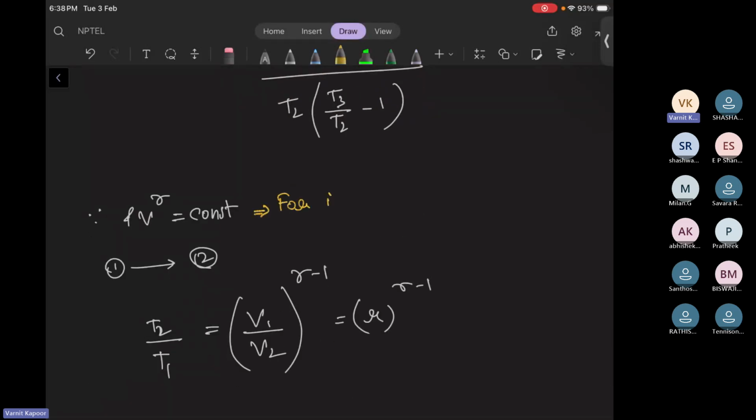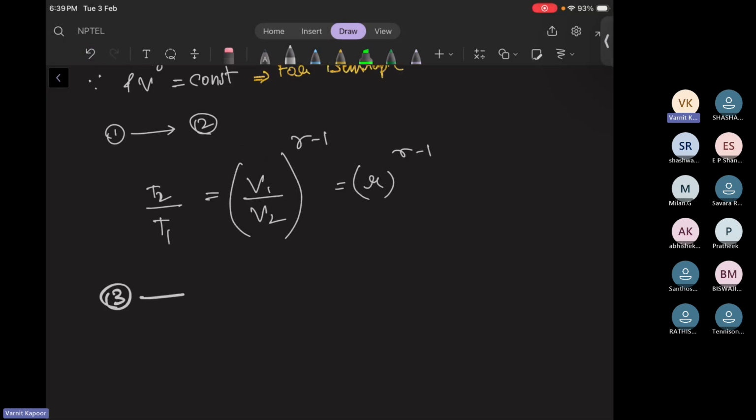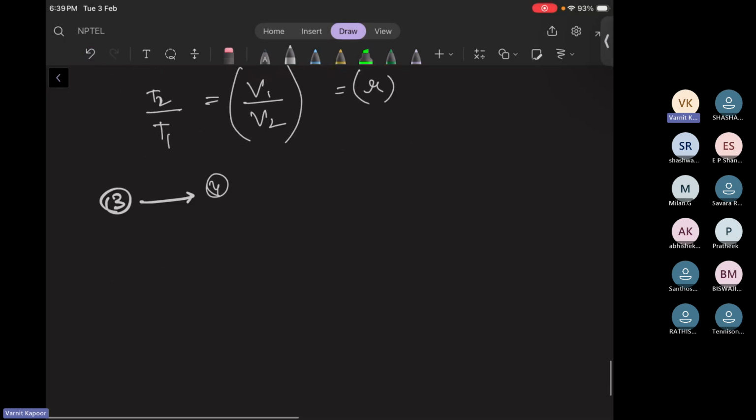So for process 3 to 4, T4 by T3 can be written as V3 by V4 to the power of gamma minus 1.